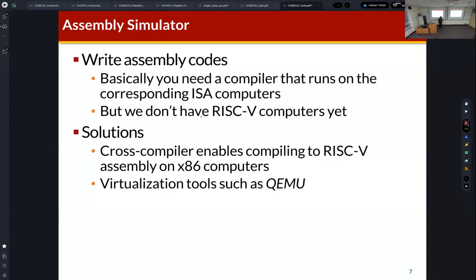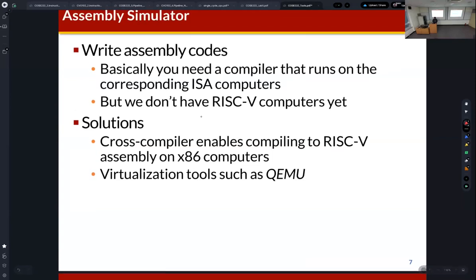Because the ISA is different, processors such as Intel CPUs or ARM CPUs cannot understand RISC-V instructions, so it cannot be executed on our hardware. But using the assembly simulator, which is software, we can execute the RISC-V instructions. Spike, the RISC-V ISA simulator, is also a kind of assembly simulator.